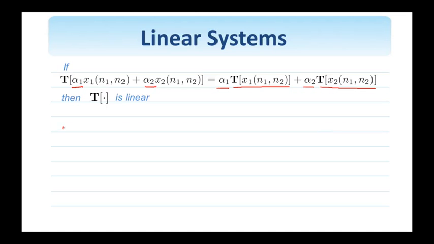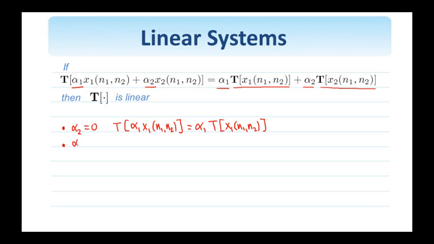From this equation, it's clear that if alpha 2 is equal to 0, then the response of the system to alpha 1 x1(n1, n2) is simply alpha 1 times the response of the system to x1. So if an image is multiplied by a scalar, I don't need to be concerned. I can process the image and then multiply the output by the scalar.